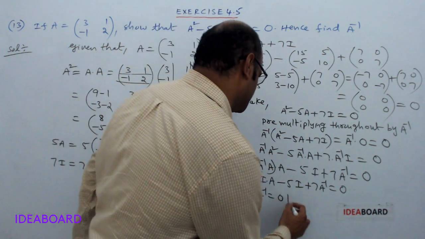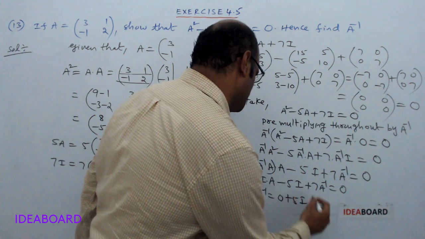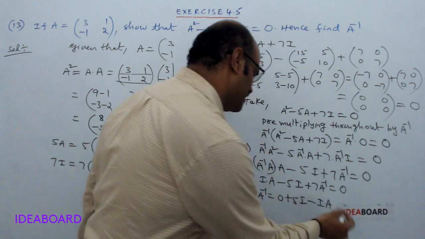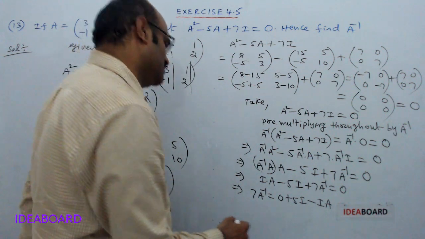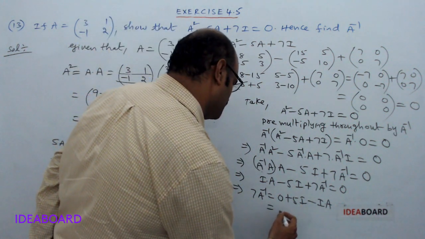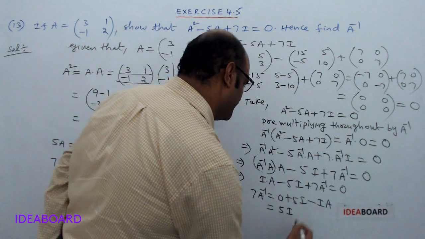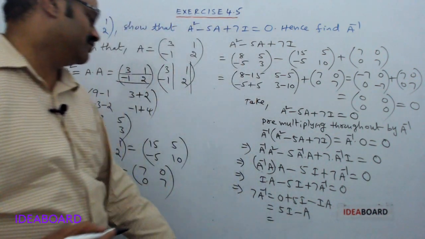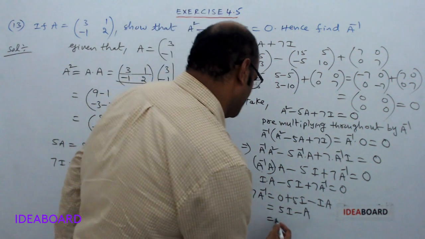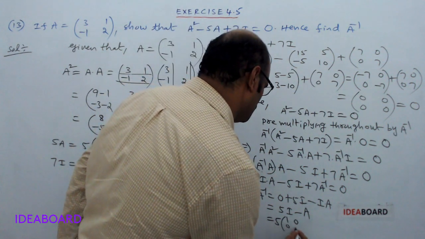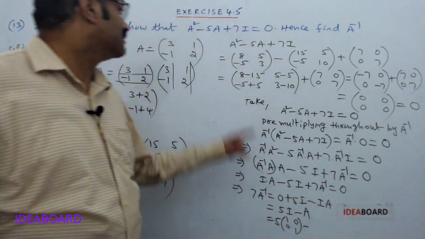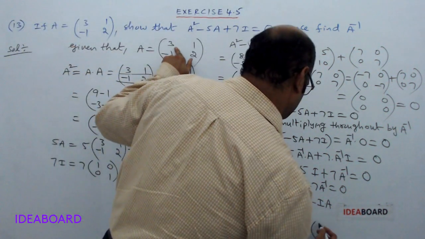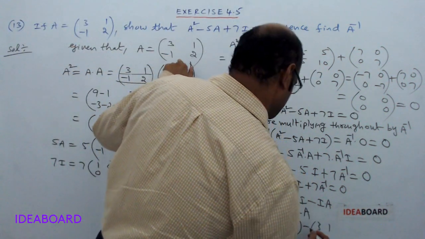I into A is always equal to A. So it implies we are getting 5I minus A. So I equal to 5 into [1 0; 0 1] minus the matrix A equal to [3 1; -1 2].